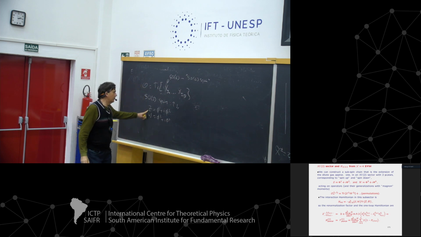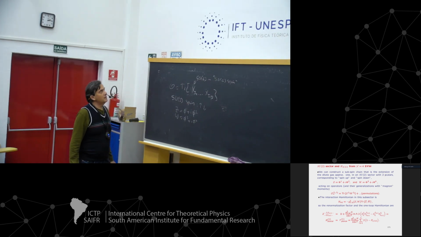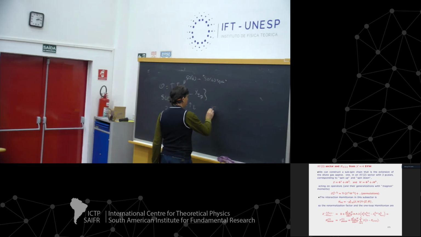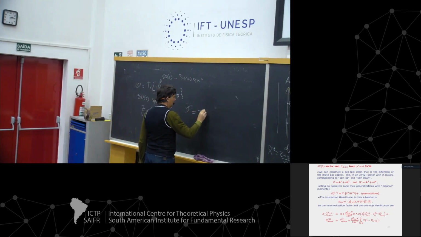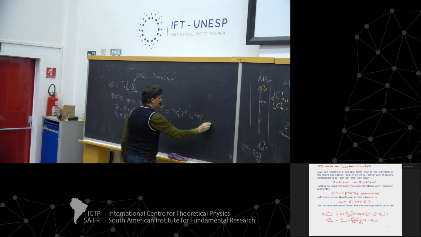And let's consider operators made out of only these two, but comparable numbers of Z's and W's. So O's, which are trace Z to some L and W to the J minus L, plus permutations.